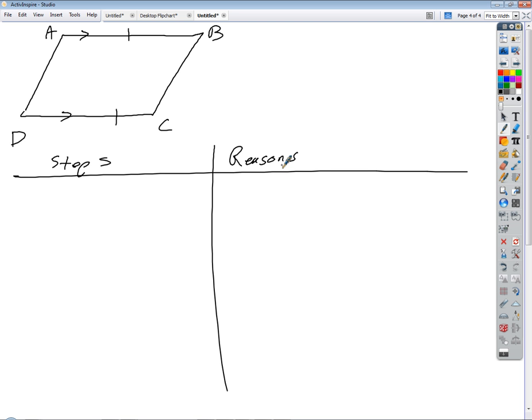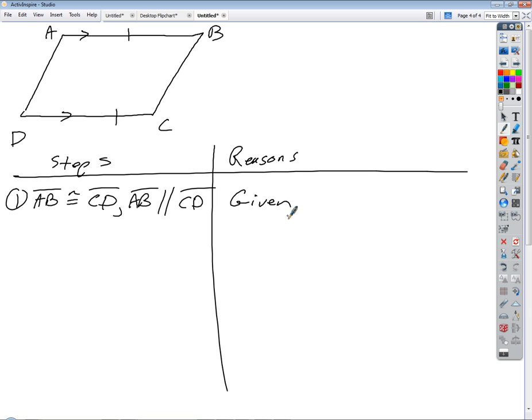See if you can come up with an idea about, maybe sketch some things on there. Given side AB is congruent to side CD, and side AB is parallel to side CD. Okay. See if you can come up with a strategy.